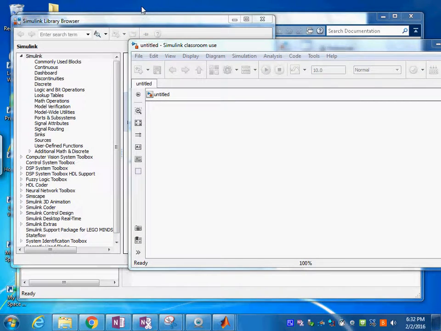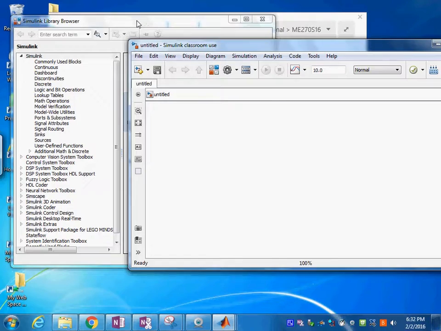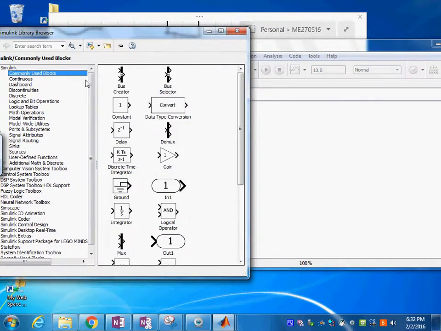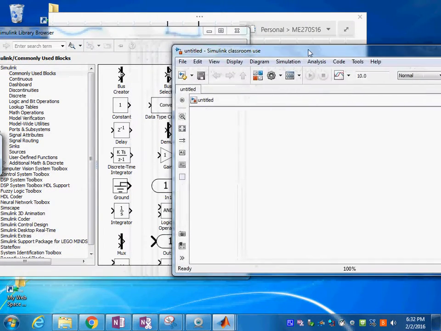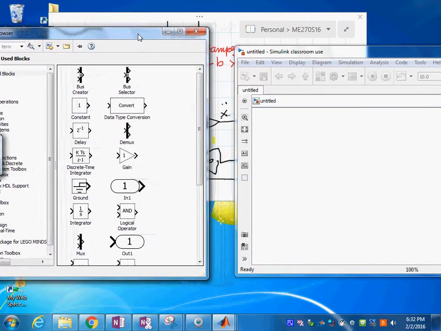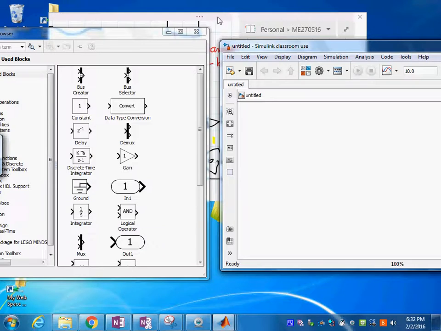This one is important. Go to where it says commonly used blocks, and that should give you plenty of blocks to work with for what you need to accomplish.